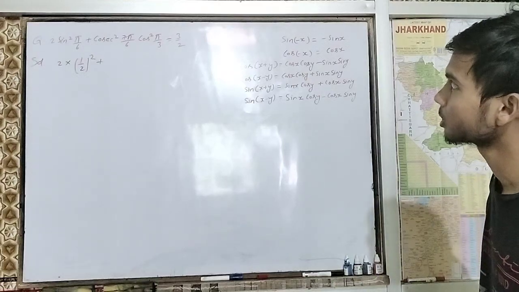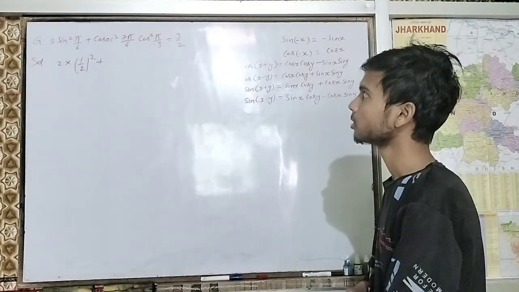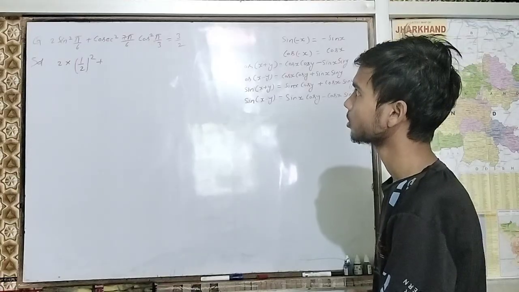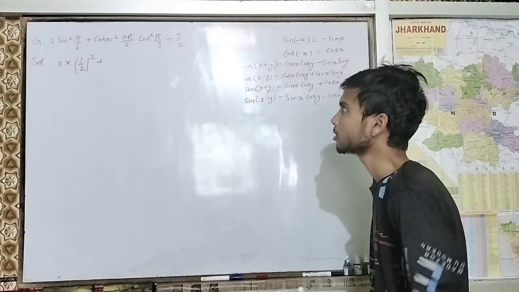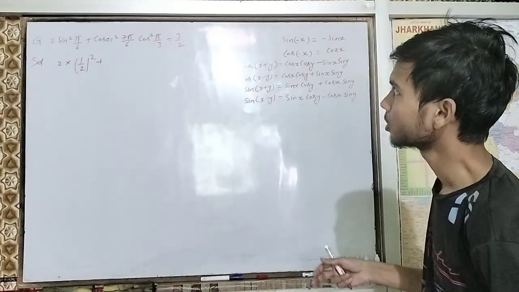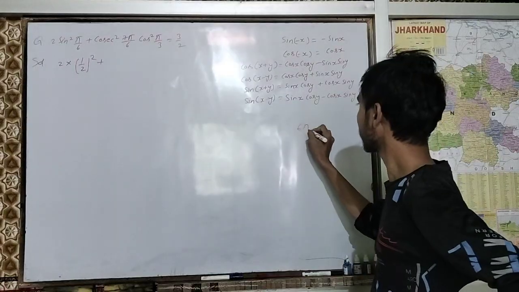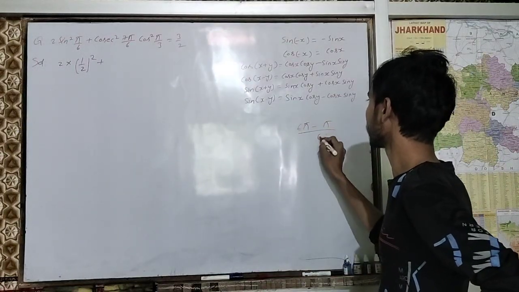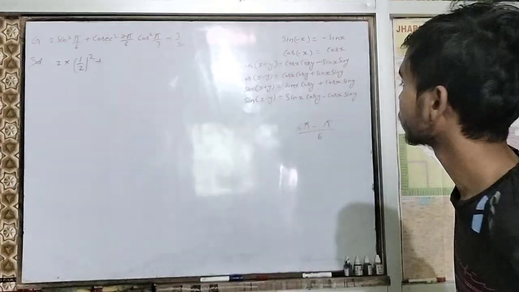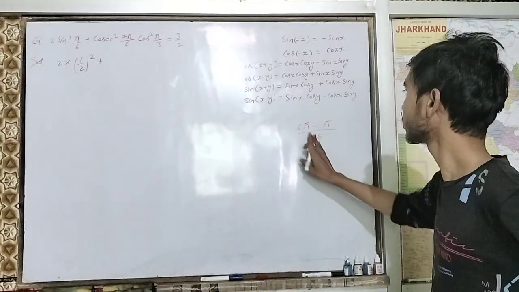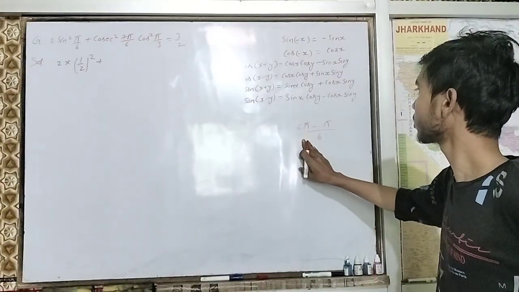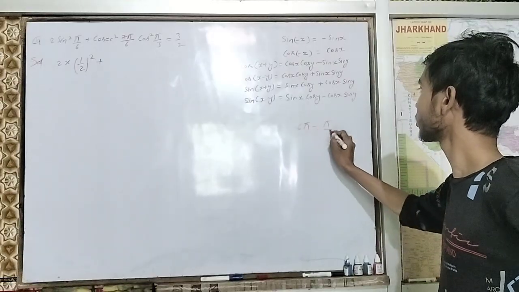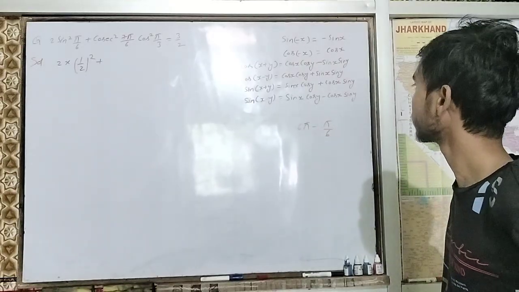It is nothing but just 6 pi minus pi upon 6. This is what is happening. Upon 6, isn't it?